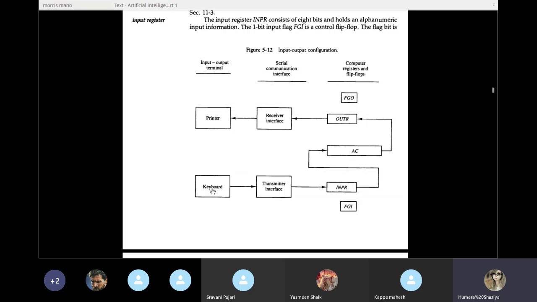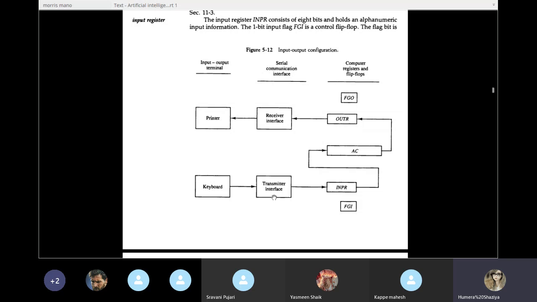Then the user will type or feed some data through the input device, and the input device is connected to the input register through an interface. It is like some kind of connecting mechanism which connects the keyboard and the input register.